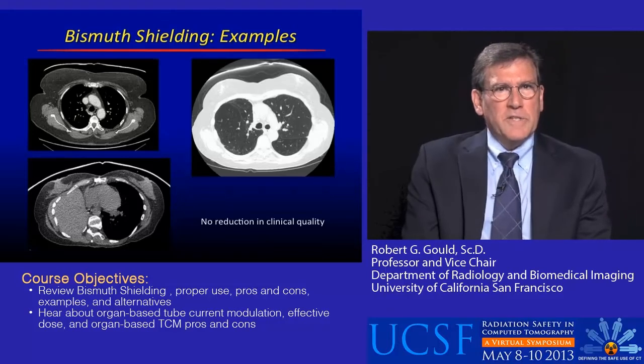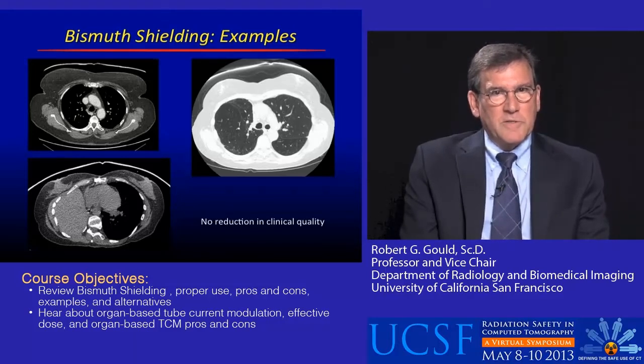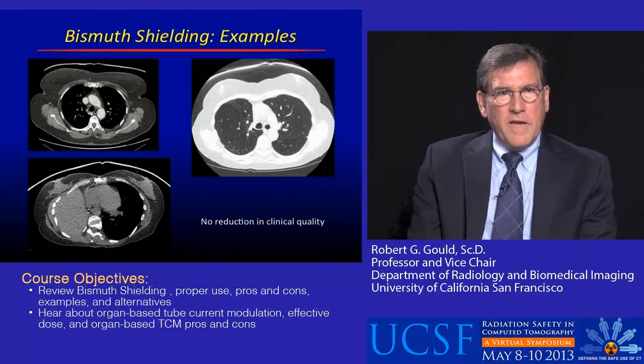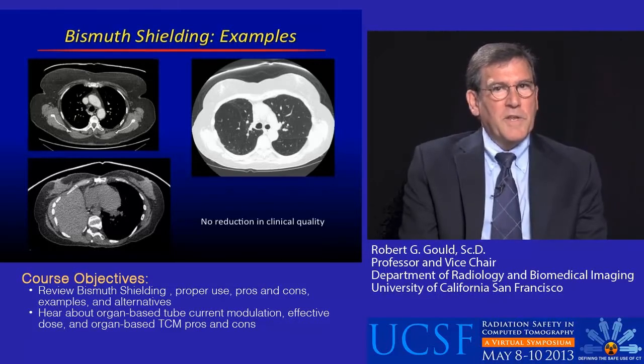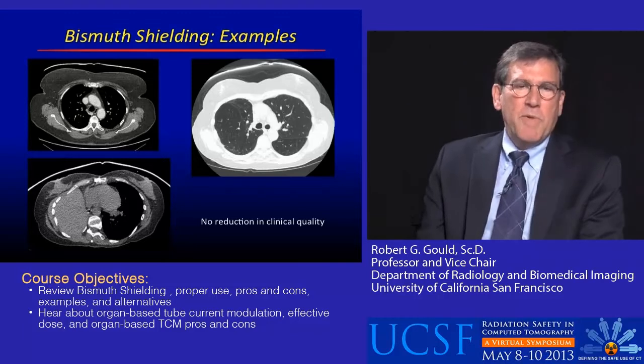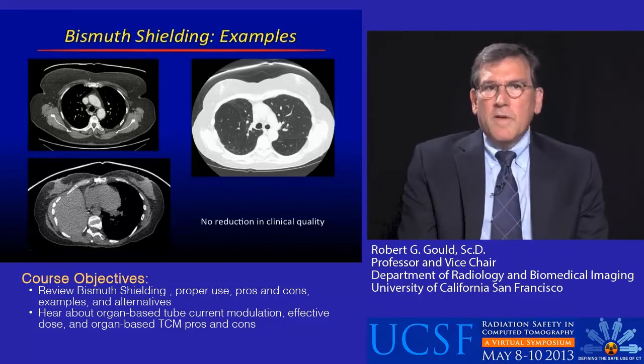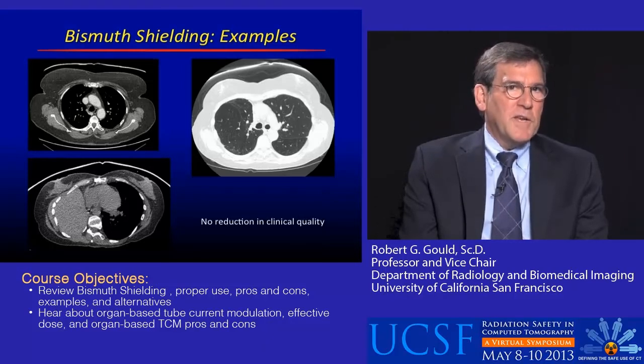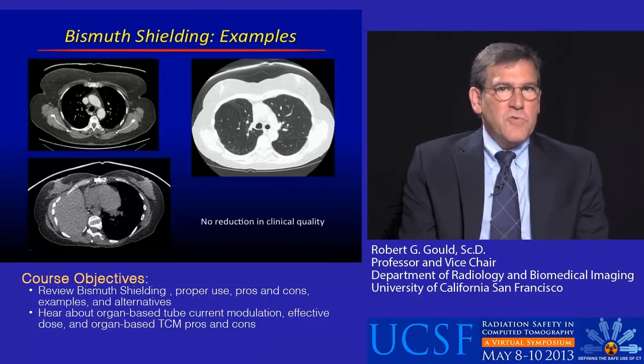So here are some clinical examples, different size women, and you see that the image quality is really very good. There's a lot of discussion about, well, these affect the noise, they affect the CT numbers in particular. All that is true, but this occurs close to the shield.